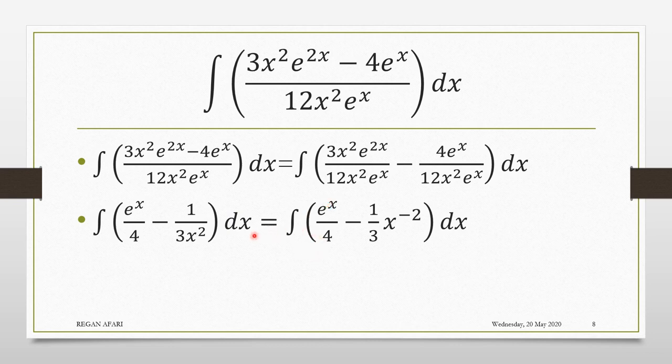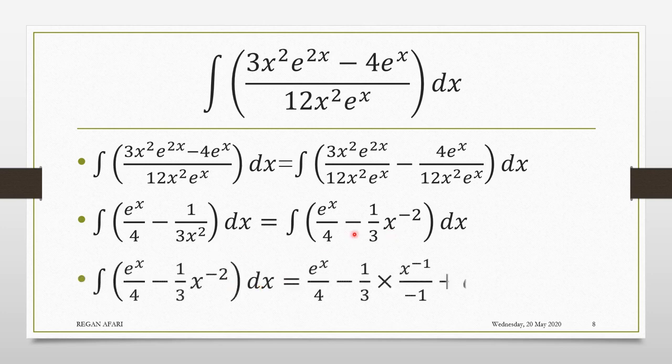So now that we have this, we can rewrite this by use of indices, so that the x squared becomes x raised to the power -2, because it was a denominator. So from this angle we can easily integrate.